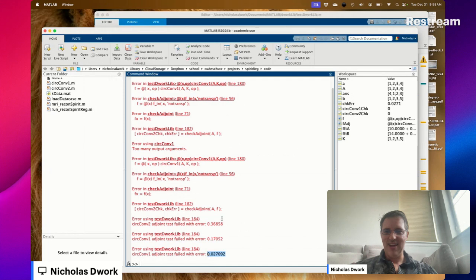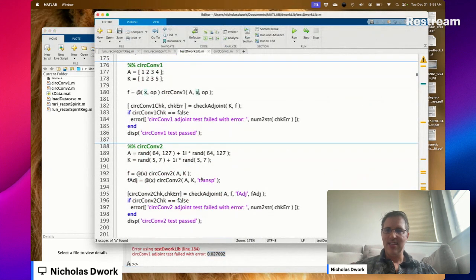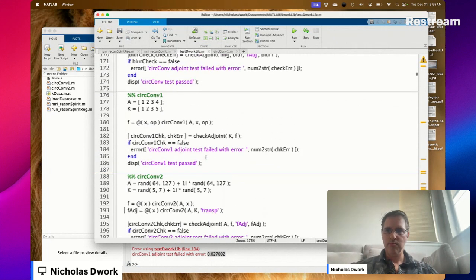Getting closer. It's always good for the function to actually use the input that's getting passed in. That's a good thing.